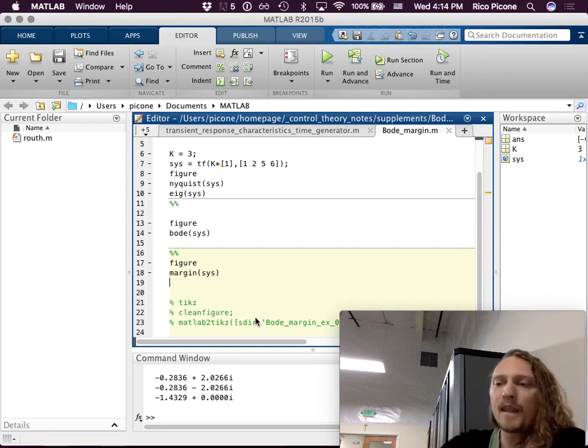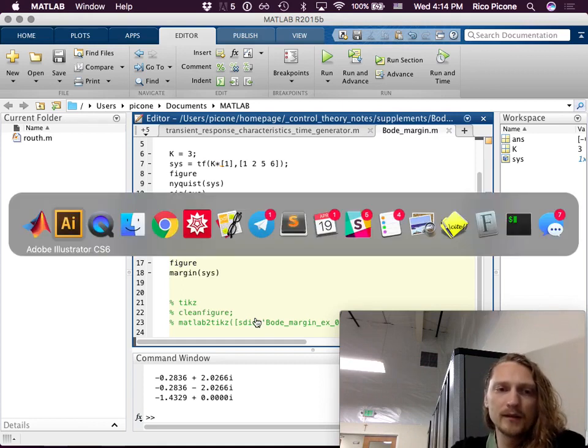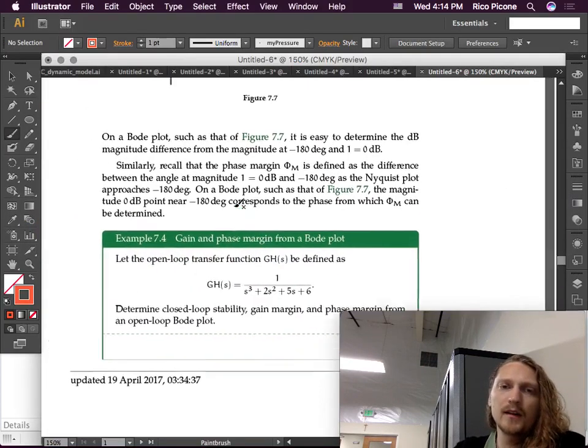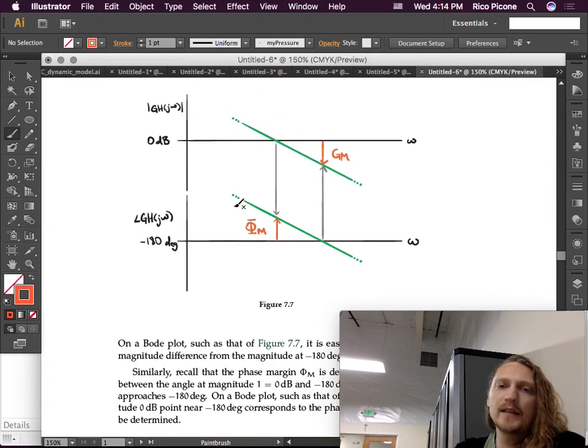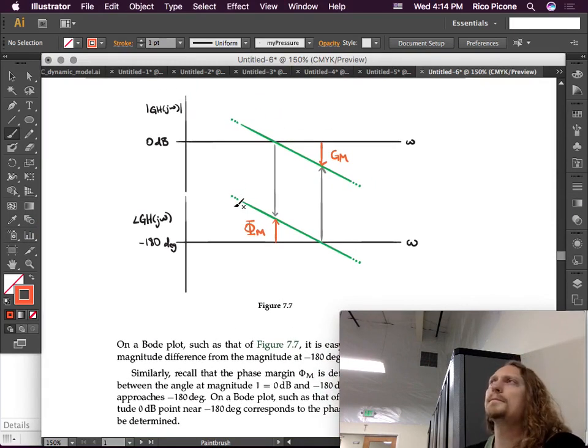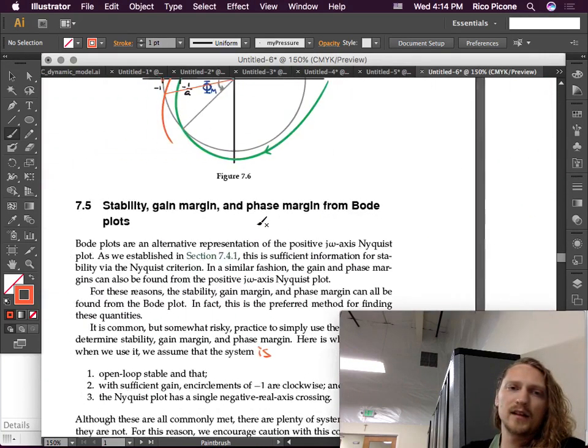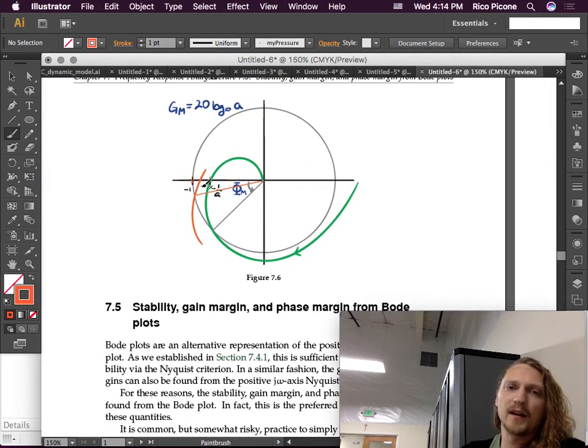How much phase we can change until it goes unstable? It tells you essentially how close you are to going unstable, and I'll explain it in terms of this diagram.